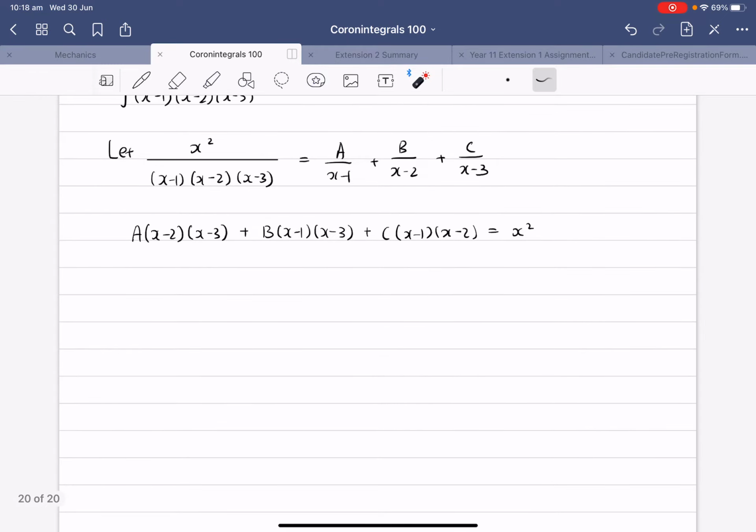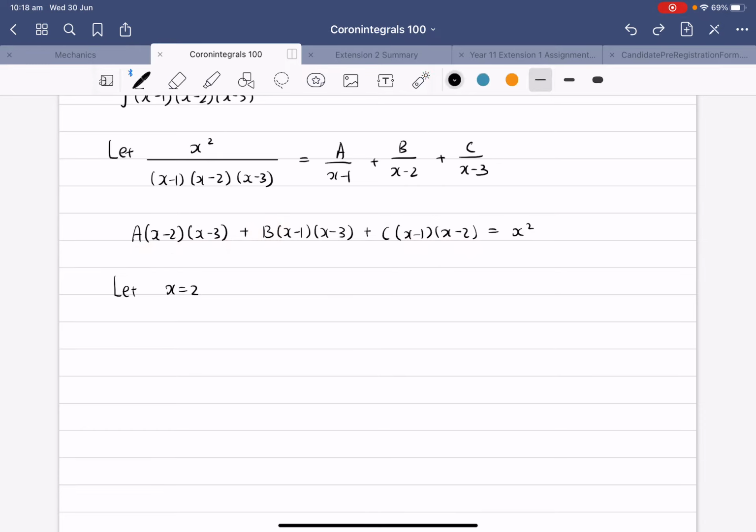Once we get to this point, we use the substitution method to find the values of a, b, and c. For example, if we let x equal 2, we get rid of the first term and the last term, so we can find the value of b.